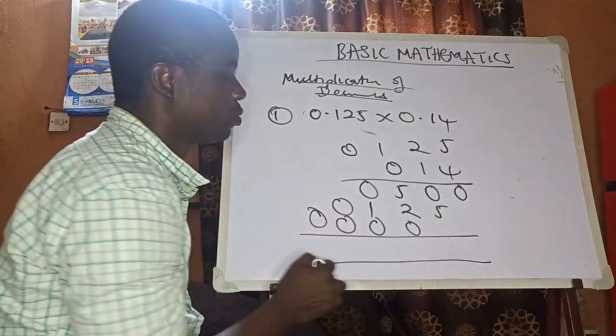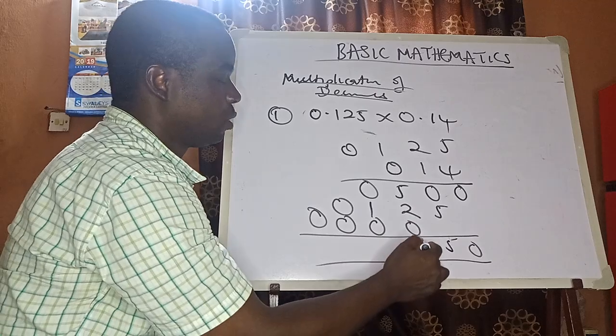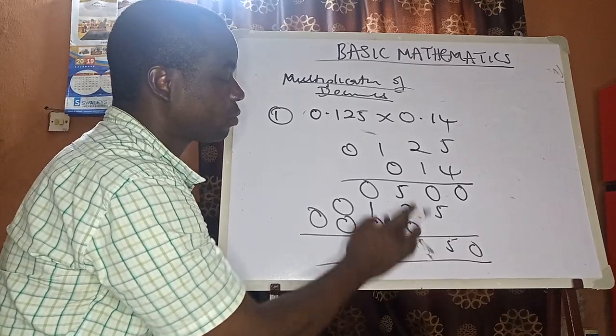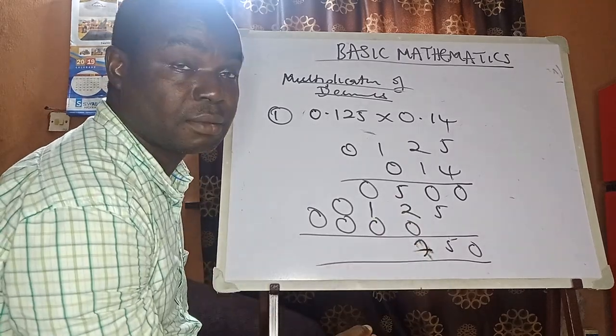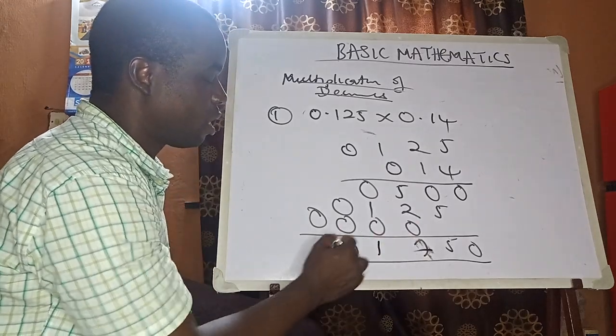And let's add it up. So I have 0, 5, 10. Oh, sorry, 7, right? 5 plus 2. Then bring down 1, bring down 0, and bring down 0.